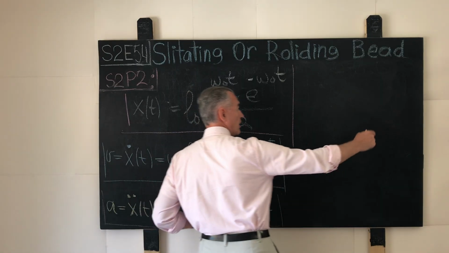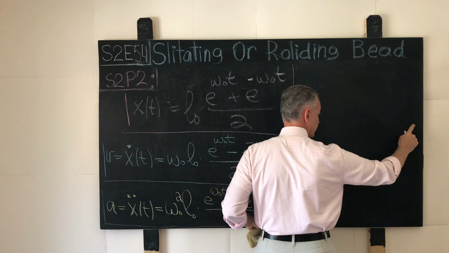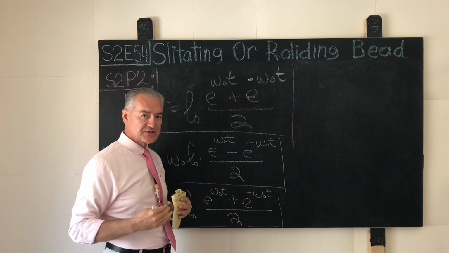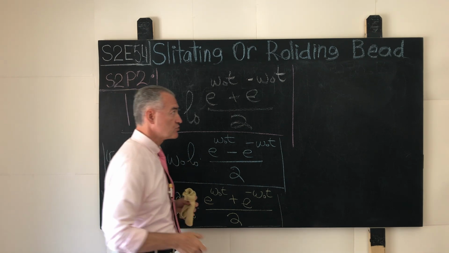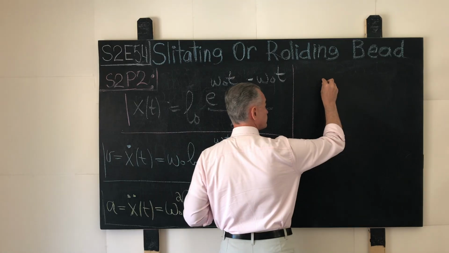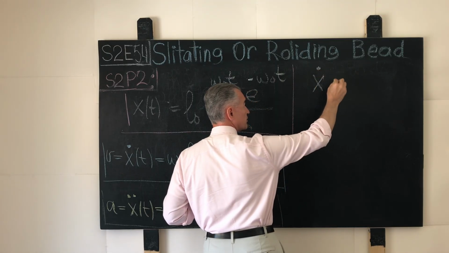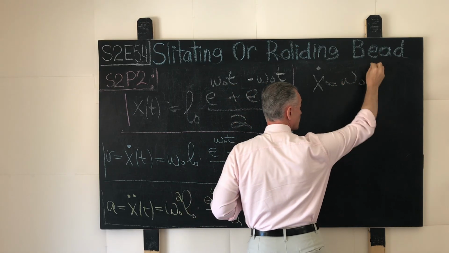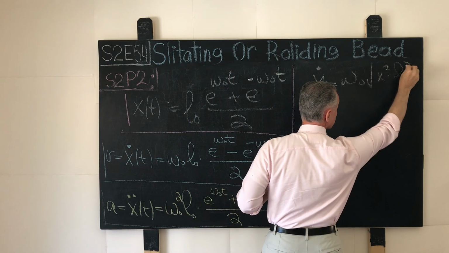Remember, I told you guys equation number 5 with the Latin V, equation number 5. That was actually one of the steps we used in order to develop our solution. We had the following expression obtained when we were separating variables: x dot equals omega 0 times the square root of x squared minus L0 squared.